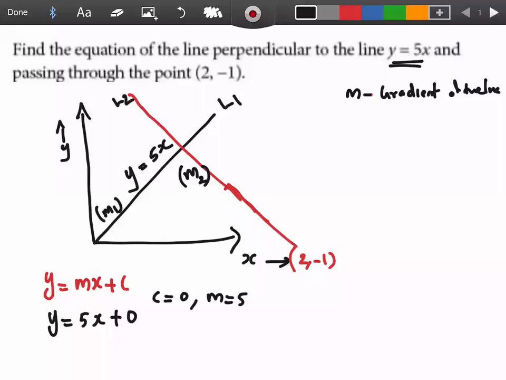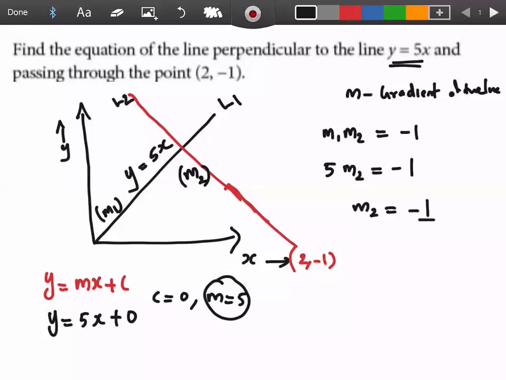Now we can use the property: m1 multiplied by m2 gives a product of -1. We know the value of m1, which is exactly 5. So 5 times m2 is -1, or m2 is equal to -1/5.